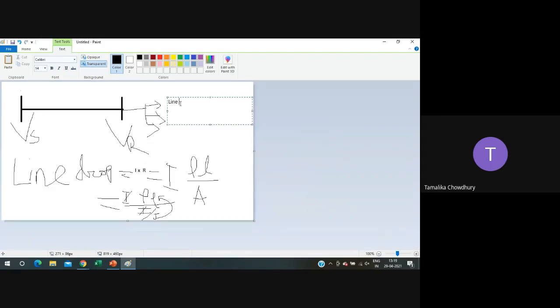I'm writing down whatever is being derived.